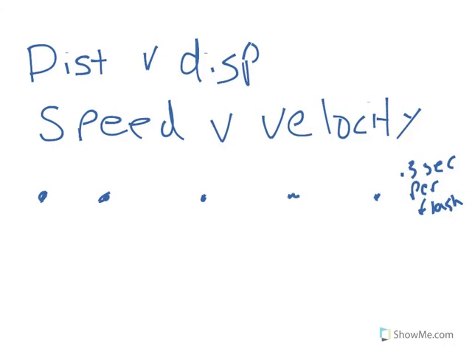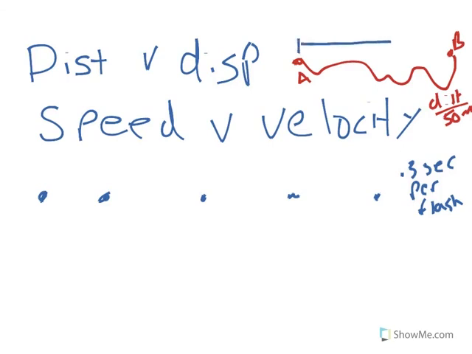Okay? Remember that distance, let me draw two things for you real quick. If this is point A and this is point B, and this is the path you took to get there, then distance is the total amount traveled. So you just follow along that path, and let's say your distance was 50 meters. The displacement, though, is the straight line distance and direction from where you started.